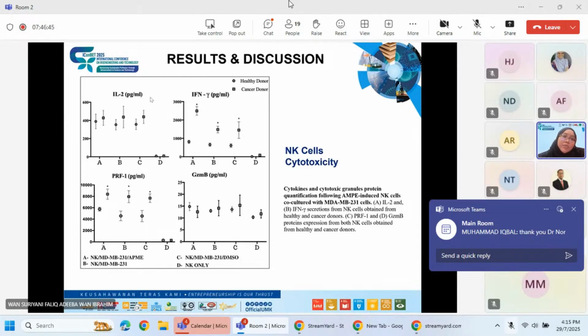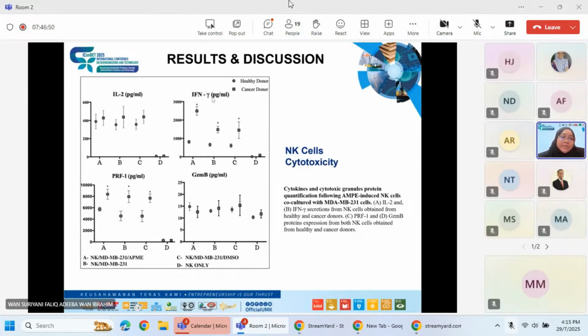So this is what we have measured. Interferon gamma is an alarm signal produced by the NK cells to alert and activate other immune cells to slow the tumor growth. So we can see that the extract can boost the interferon gamma production, proving that it can trigger NK cells to fight cancer cells effectively.